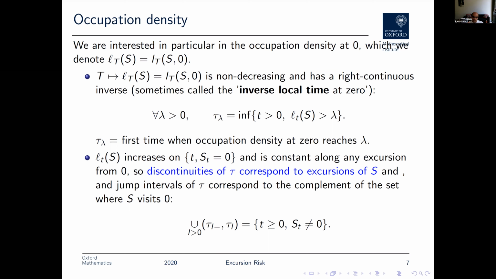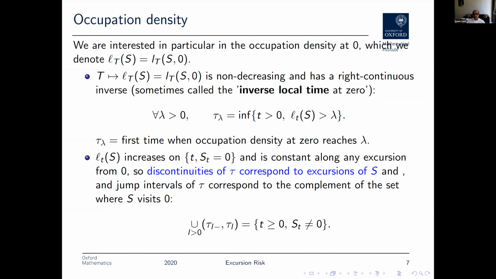So tau lambda is the first time at which this occupation density reaches lambda. Okay. So tau lambda is also an increasing function of lambda, and it has some interesting properties.